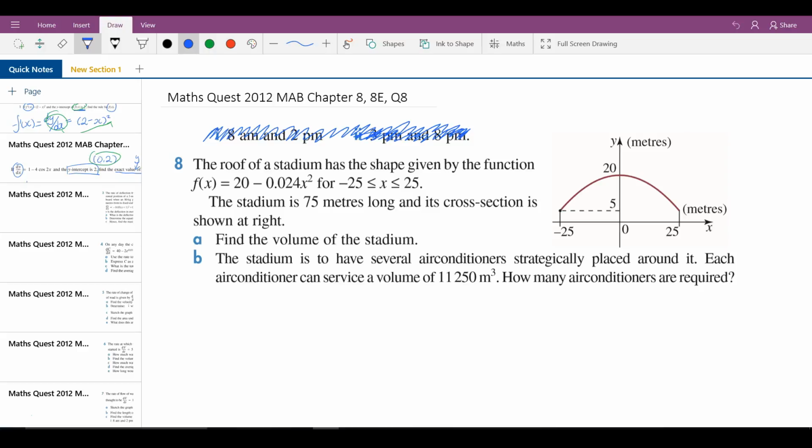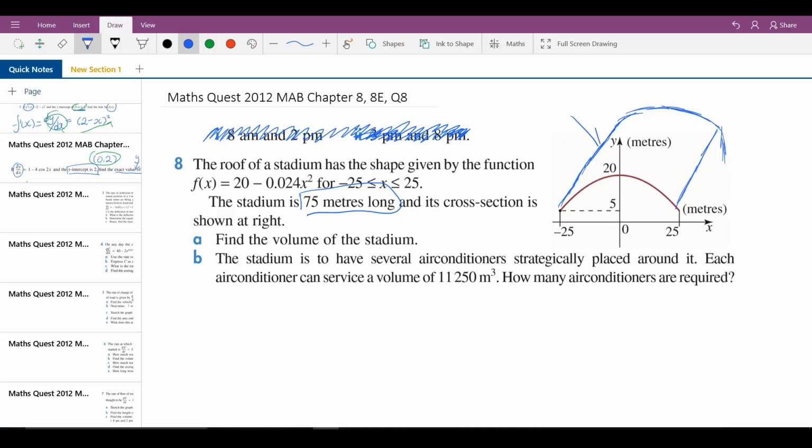So find the volume. Now we know volume is given by an area times the height. So let's just draw the 75 meter length onto the picture. That is approximately something like that.